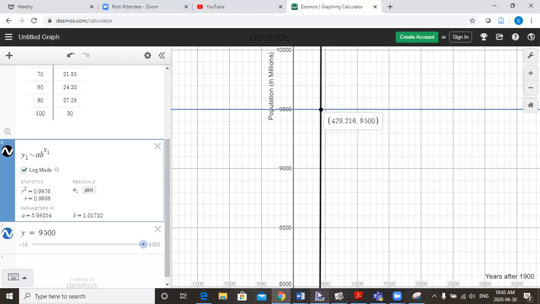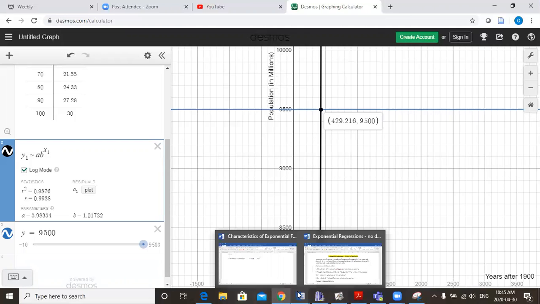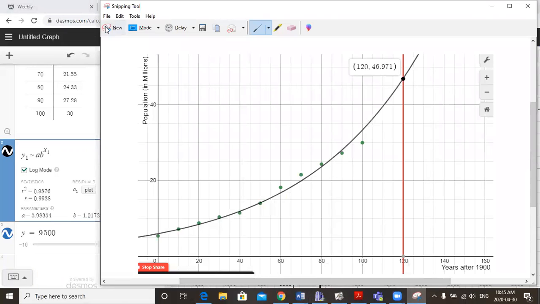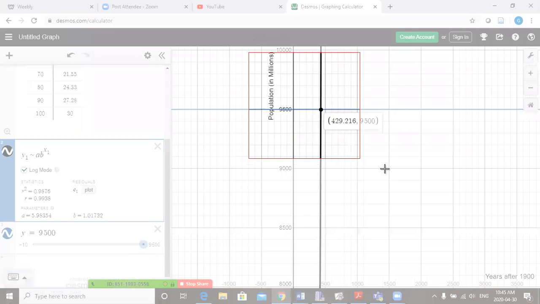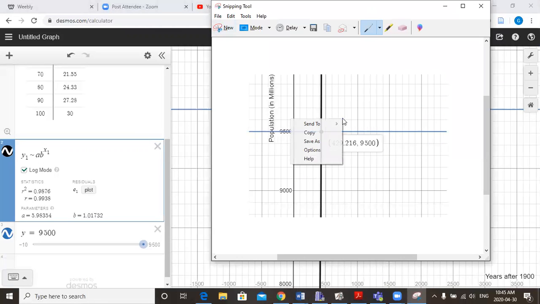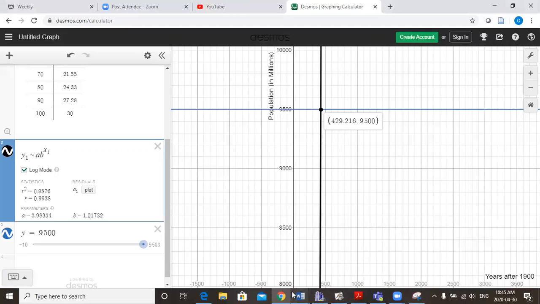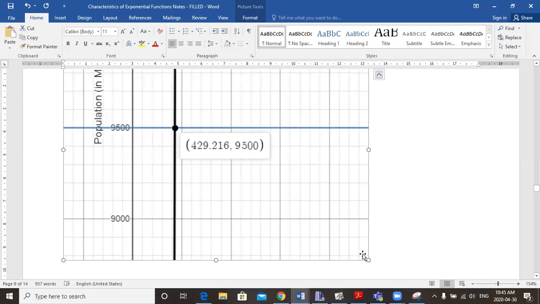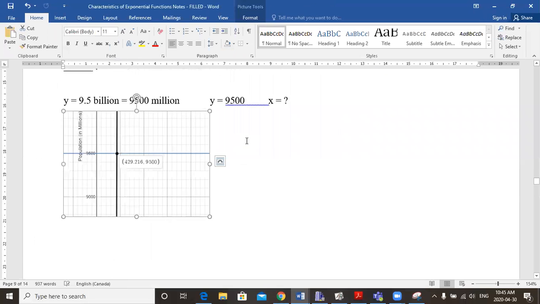So this is a little bit unrealistic. Canada's population will not reach 9.5 billion, but this is just for an example. So we've got our intersection point. I'm just not copying the whole graph because I don't feel like scaling it. You should for assessment and all that, but just for the notes, I'm not going to. So I'll copy and paste that in there. And we have our intersection point.